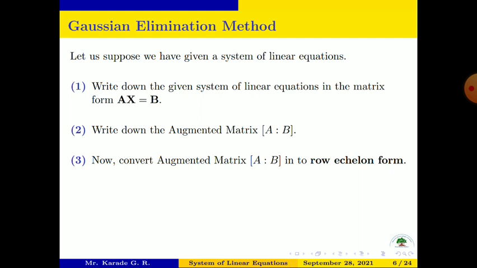That one is called a leading one. Now the second condition is: all elements below the leading one must be 0.